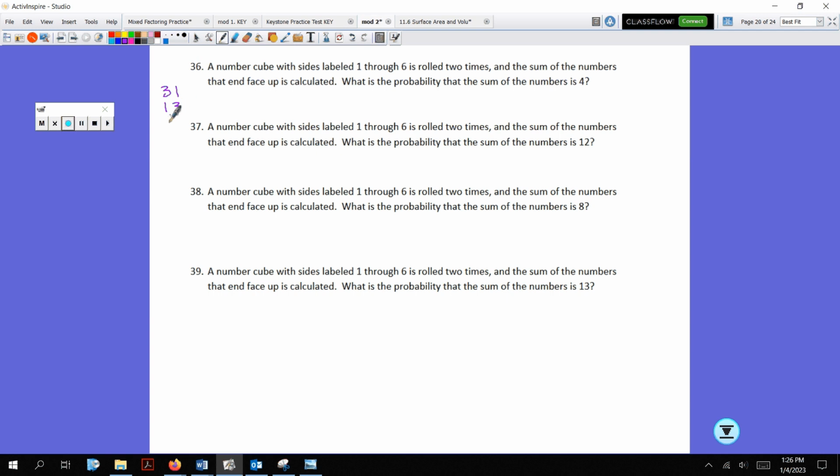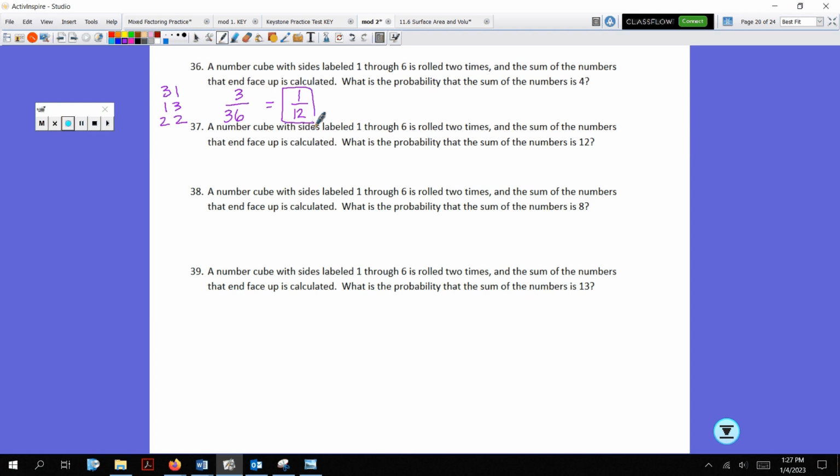Let's say my first die is a 2 and my second die is a 2. Those are the only different combinations on a 6-sided die that could add to equal 4. So how many choices is that? That's 3, out of total choices of 36, because each has 6 sides, so you multiply those together. And this reduces to 1/12. The probability is 1/12.